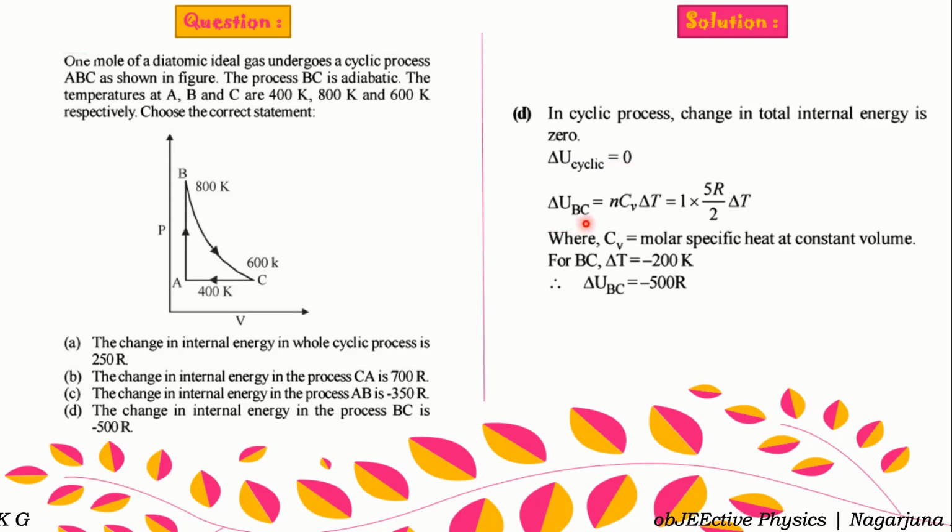Delta U for BC is equal to n Cv dT, that is equal to 1 into 5R by 2 into delta T, where Cv is the molar specific heat at constant volume. For the BC curve, delta T is equal to minus 200 kelvins. Therefore, delta U for the BC curve is equal to minus 500 R. Option D is the right option.